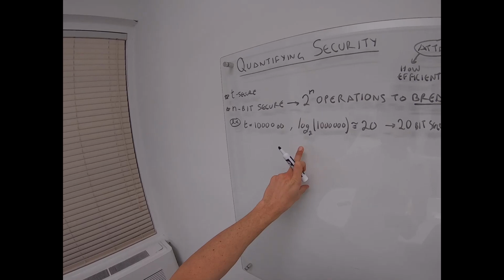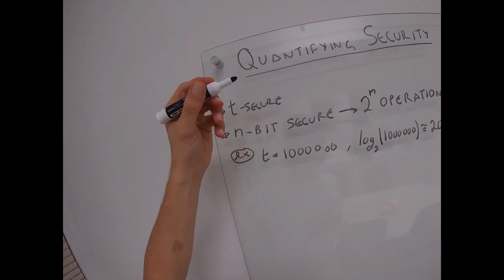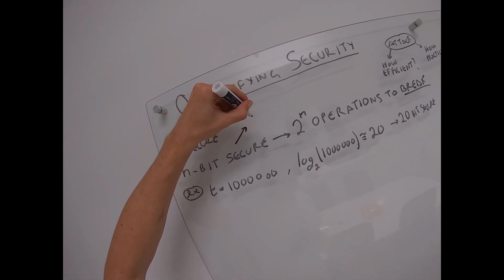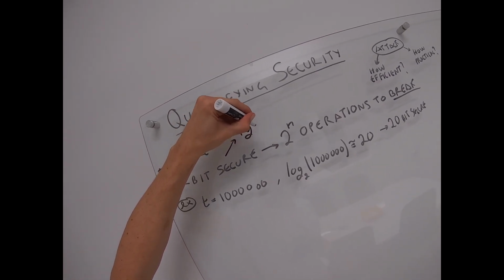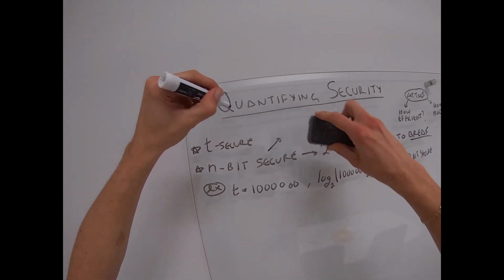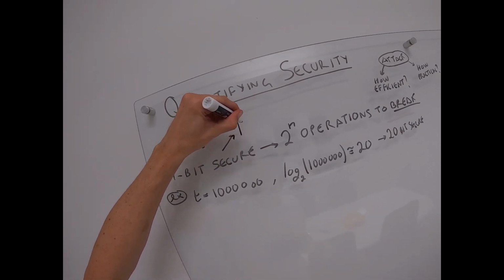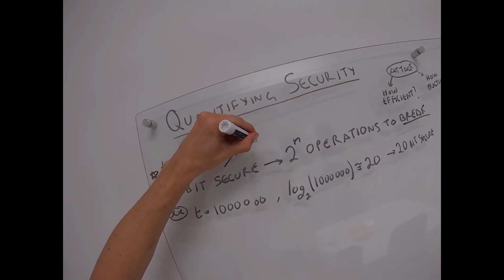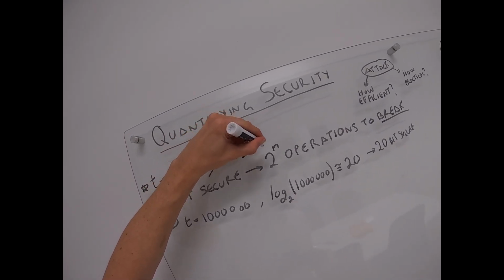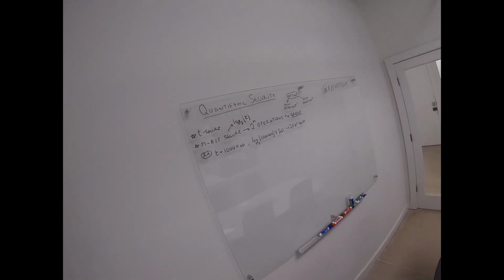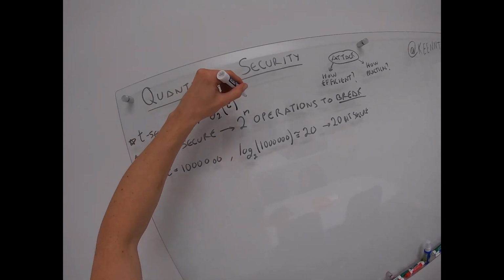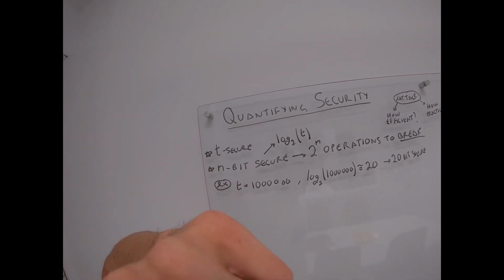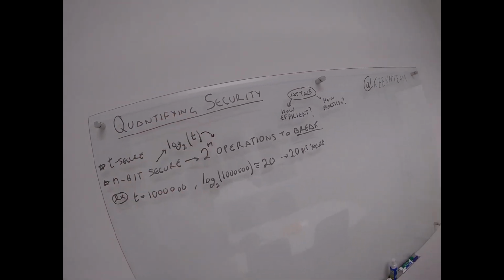Let me generalize the formula here: log 2 of T, the total amount of operations, and that gives us the bits of security, the operations to break.